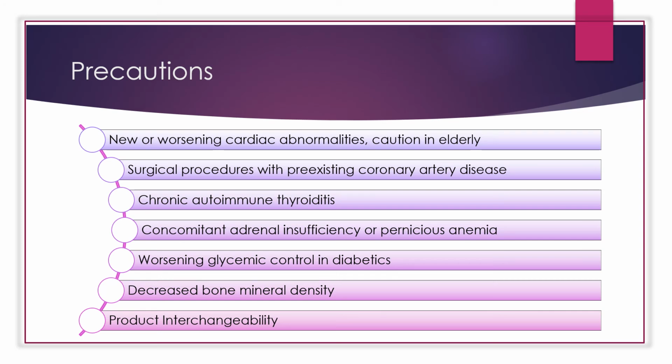Chronic autoimmune thyroiditis with progression to myxedema or acute adrenal crisis may occur in association with other autoimmune disorders, such as adrenal insufficiency, diabetes, and pernicious anemia. For concomitant adrenal insufficiency or concomitant pernicious anemia, you want to treat with replacement glucocorticoids prior to initiation of levothyroxine to avoid acute adrenal crisis. It may cause worsening glycemic control in diabetic patients.